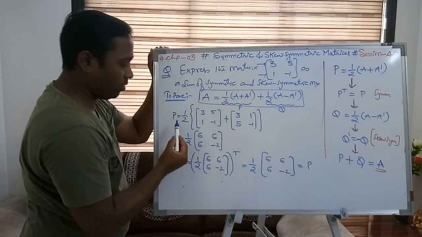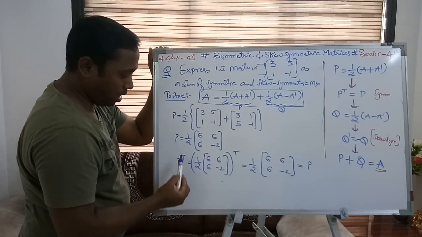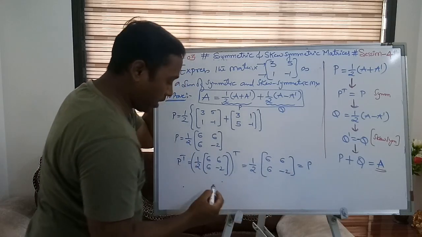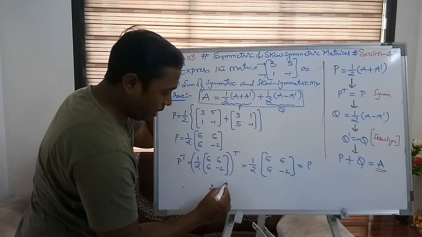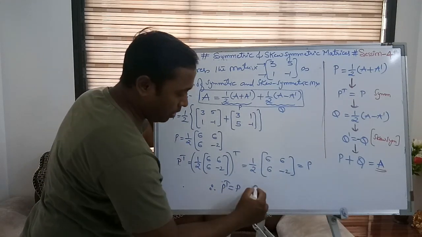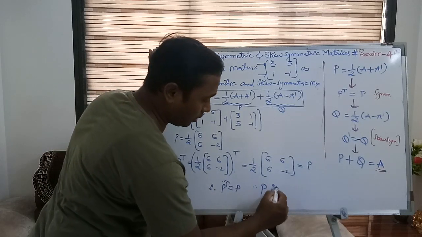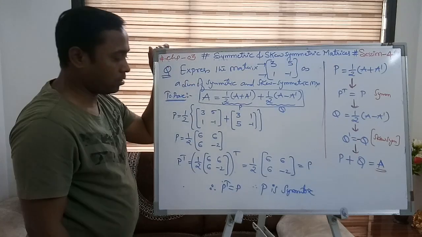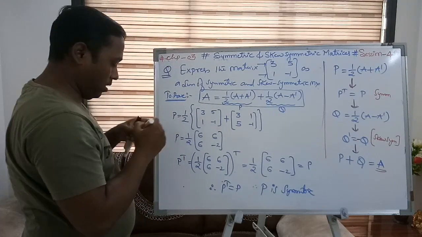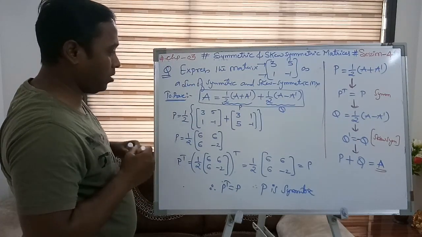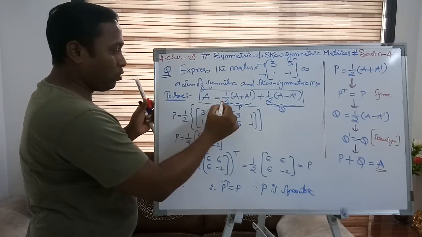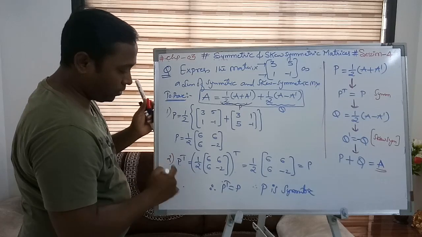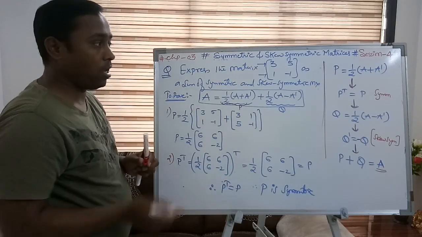It's again P, you can see. After doing the transpose also I am getting the same answer. So I can say here P transpose is equal to P. Therefore P is symmetric. Here I have done step 1. In step 2 I have proved this is symmetric.